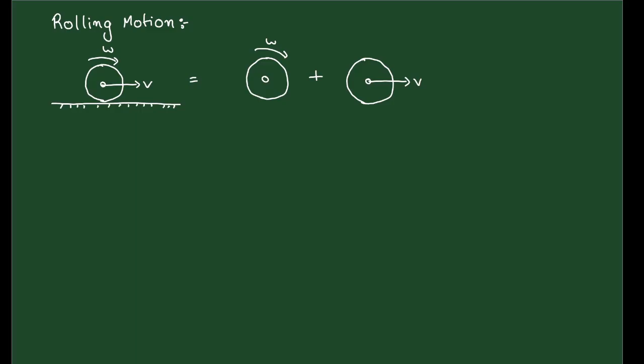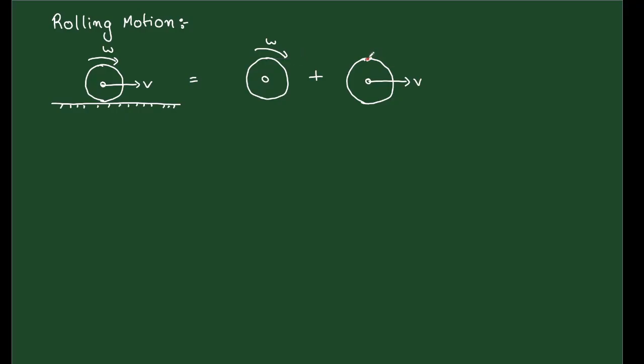Now the first kind of question that we'll ask is, what is the velocity at this point? The velocity at this point of the wheel will be nothing but a combination of the velocity due to rotation plus the velocity due to translation. Due to pure rotation, the velocity at this point is omega r in this direction, isn't it?